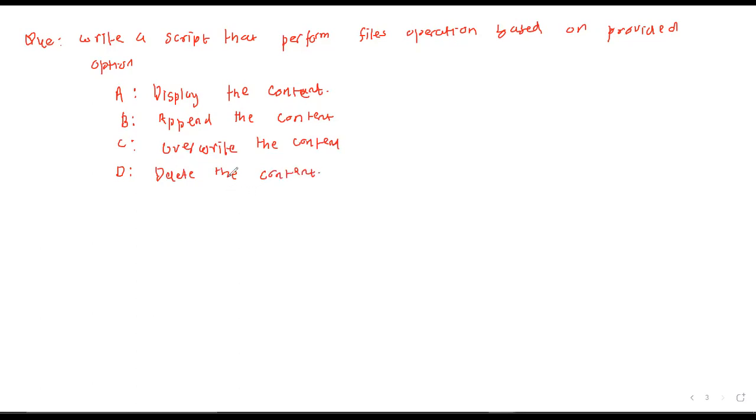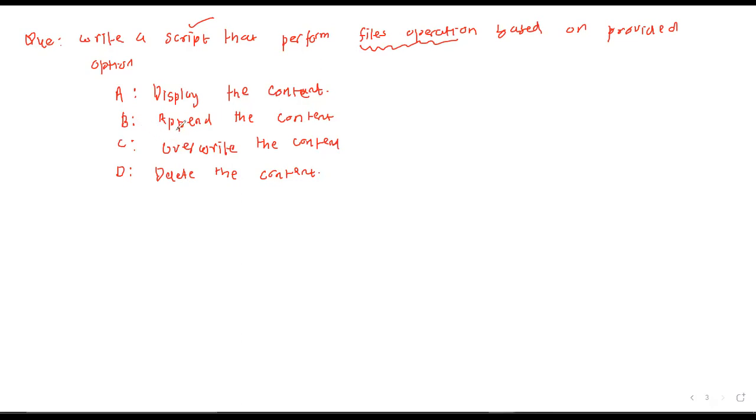Okay, so see, we want to write a script and we want to perform these file operations, and here I have written based on the provided option. That means if you provide option A, then the resulting action will be this: display the content in the file.